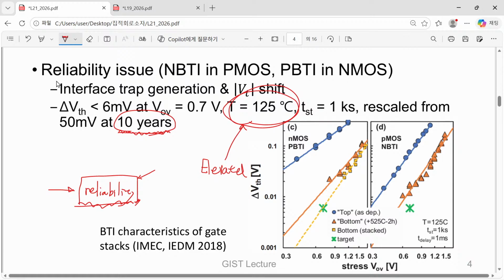So that's the reason why, when we test the reliability problem, we intentionally increase the temperature and test just several days, and say that at this elevated temperature, several days corresponds to 1 year or 10 years at room temperature. That is the typical way we test our chips. In this case we are just believing that it works.